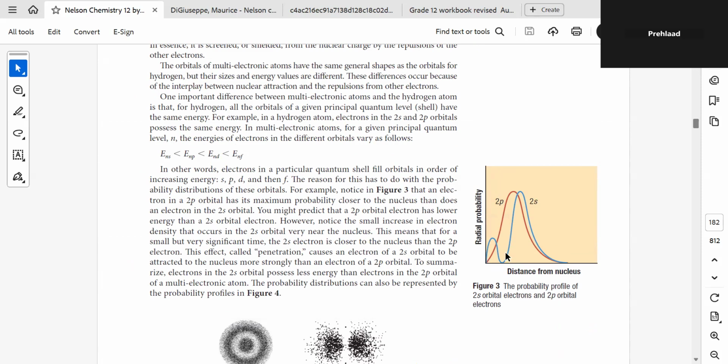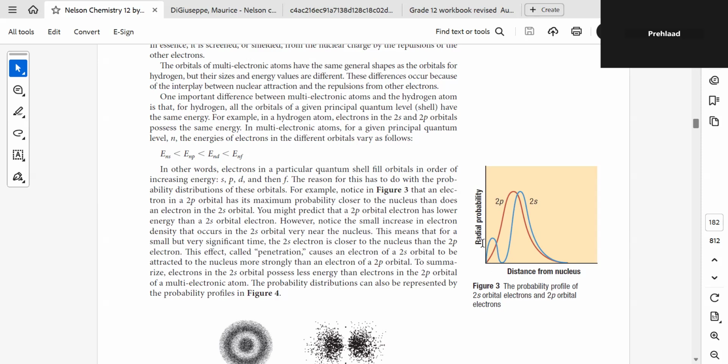What is this trying to explain? Can you see the 2s? 2s has two peaks, and 2p has just one peak. 2s has two peaks.